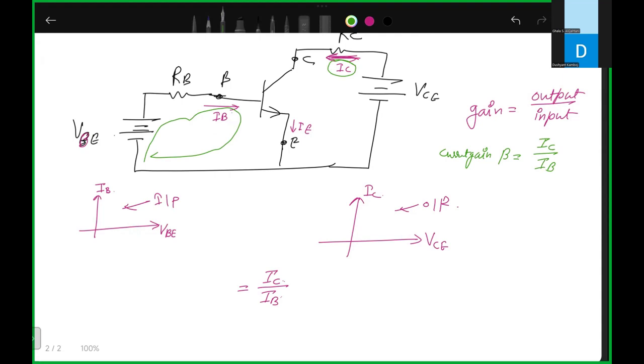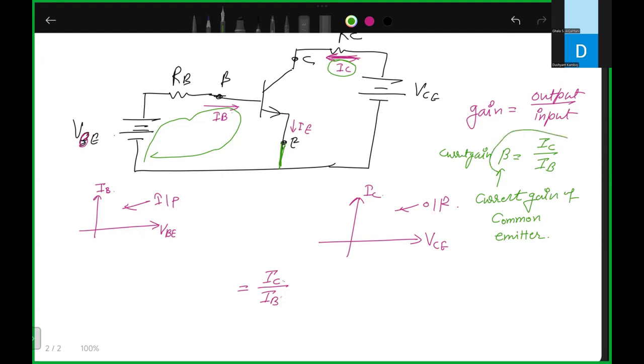This beta represents the current gain of which configuration? Common emitter, because the emitter terminal is common, between the input and output.